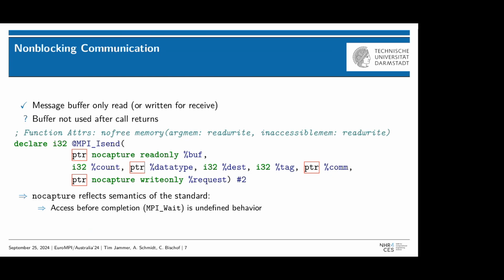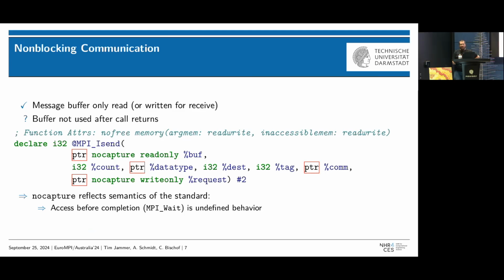But I guess some form of read only or write only and no capture is pretty clear and should work with compilers. Maybe the key thing here, and I'm not sure how to do it, is how we can present the information in a way that all the compilers can use it, or at least ignore it if they don't want it. Okay.